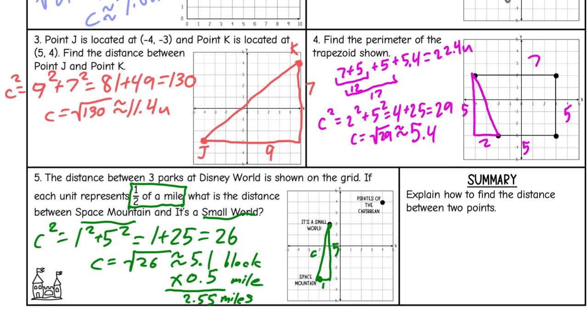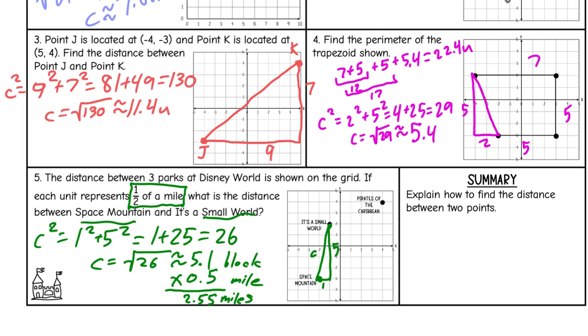So 1, 2, 3, 4, 5, 6, 7 plus 1, 2, 3, 4, 5 is 12 plus 1, 2, 3, 4, 5 is 17. But to get the last side, we need to make sure we are using our Pythagorean theorem to properly find the distance.